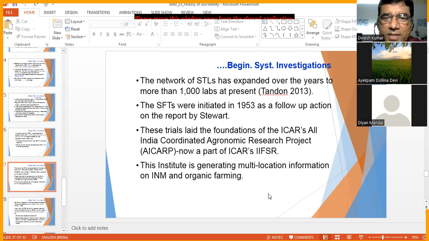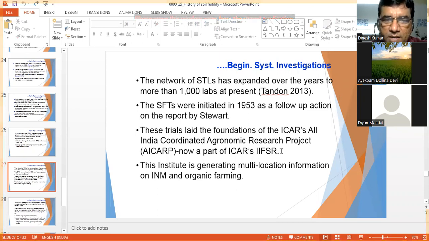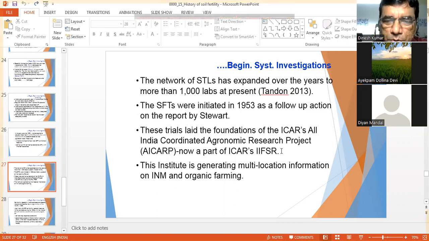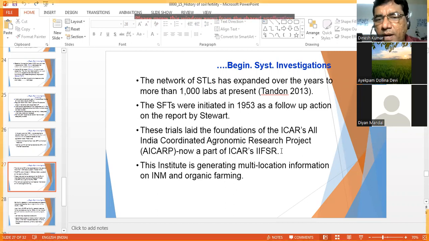Therefore, trials were initiated, and these trials laid the foundation of ICAR's All India Coordinated Agronomic Research Project, now a part of ICAR's IIFSR. This institute is generating multi-location information on INM and organic farming. This is IIFSR.